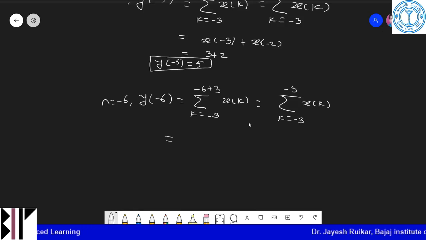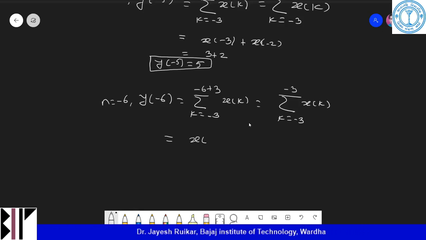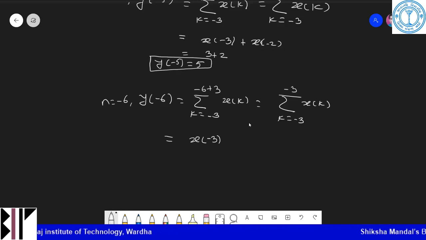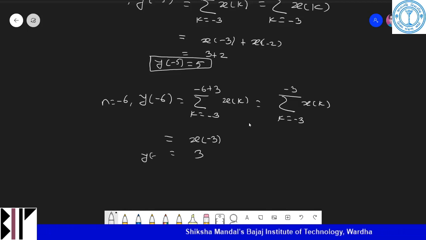If you put all these values, you will have x of minus 3, and all the rest of the values will be equal to 0. What is x of minus 3's value? It's equal to 3. So y of minus 6 is 3.